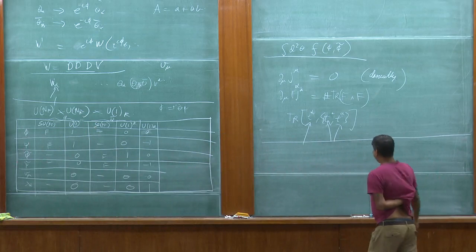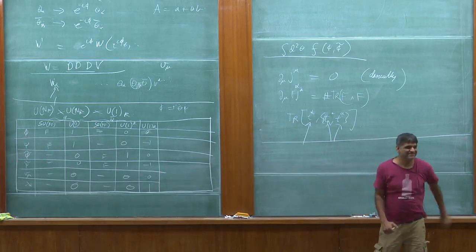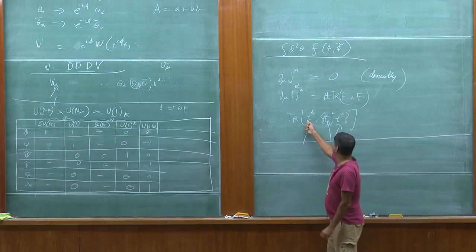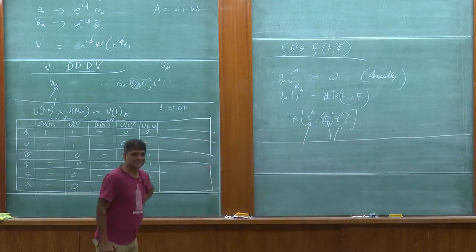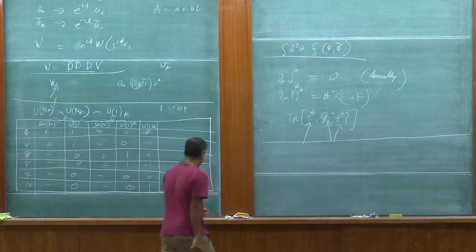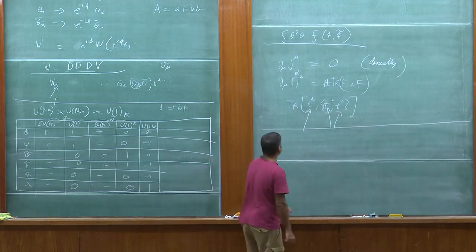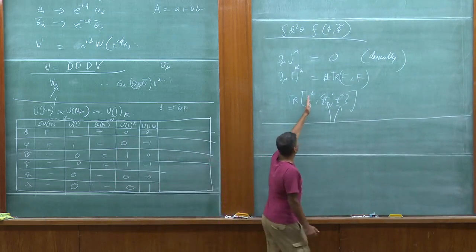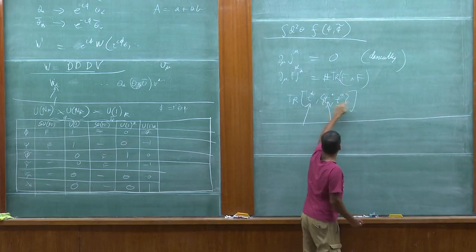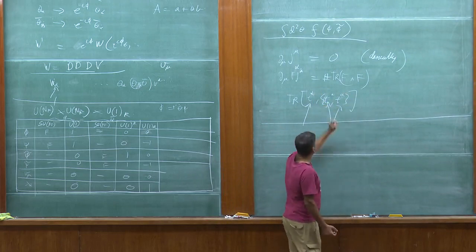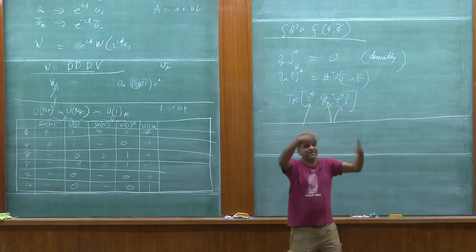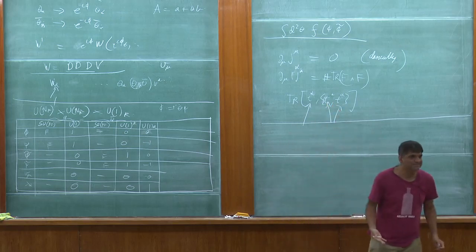Okay, next question, what about the U1s? Well, for the U1s, this guy is whatever it is. It just depends on the representation in which this U1 field transforms.